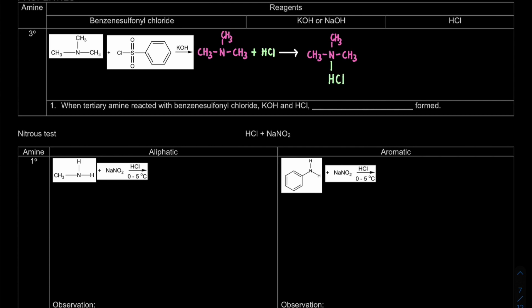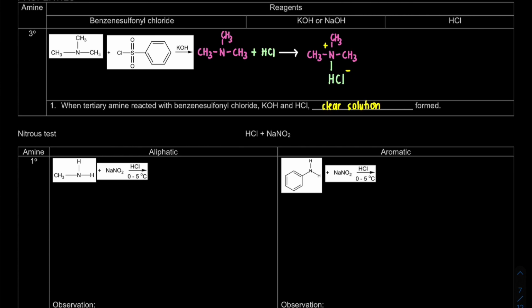For our ammonium salt, we have to write N plus, Cl minus here. So this is actually our clear solution. This is our salt solution. So this is a clear solution.